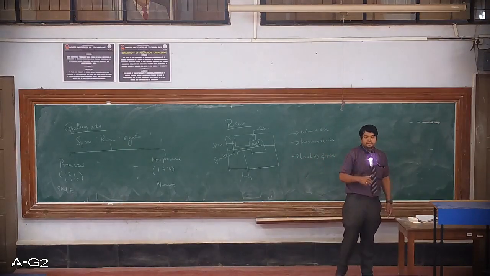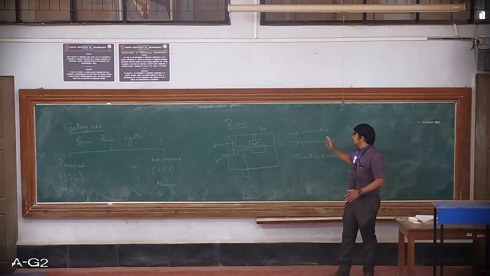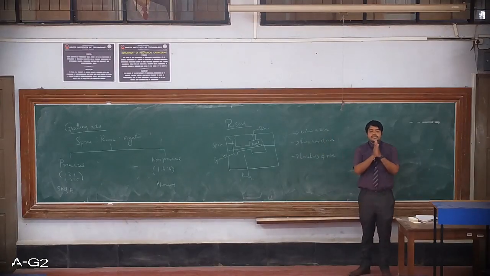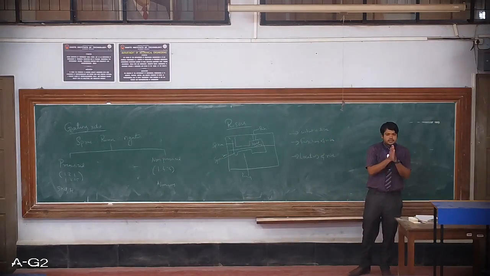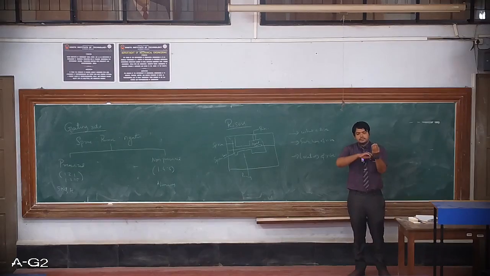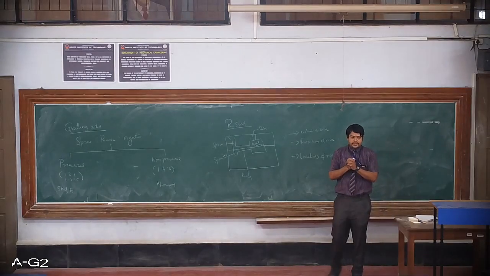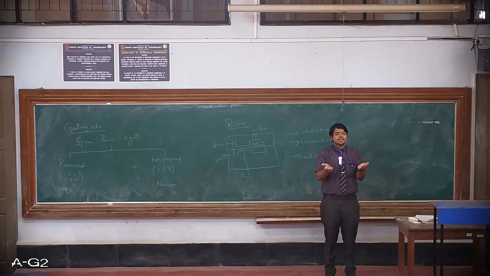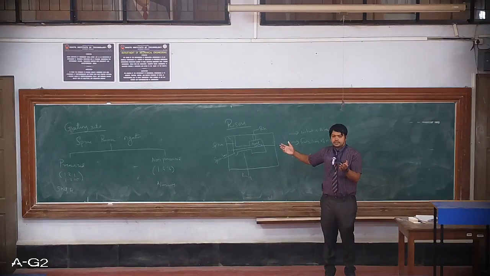First of all, let us know what is riser. Riser is that part in the mold box from where the molten metal is going to come out once the mold cavity is filled. The rise of metal inside the mold cavity can be seen or determined by using this part called riser.